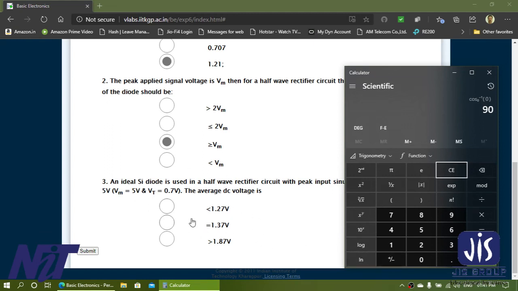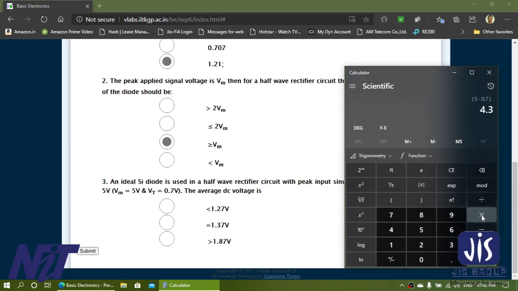Our V average or VDC, whatever you say, the average DC voltage, will be found by VM by pi. So find our actual VM: 5 volt is your input minus 0.7, that is 4.3.